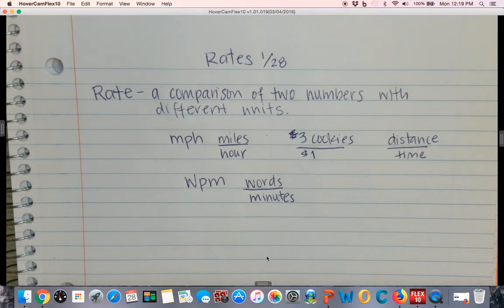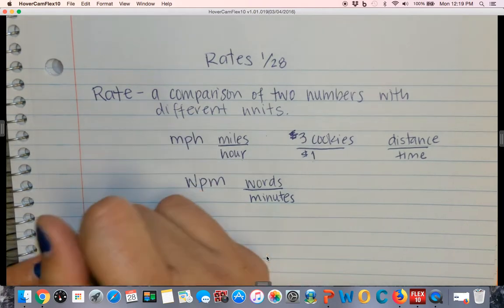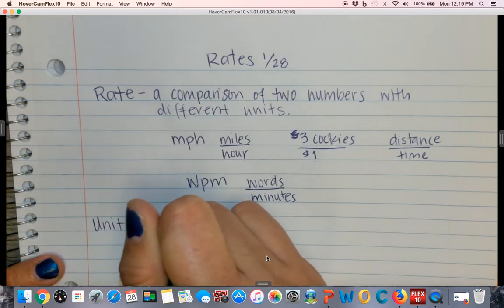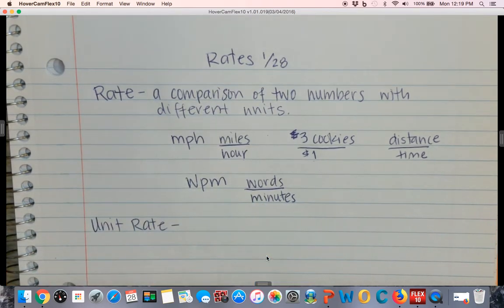A unit rate is finding a rate where there's like per one.